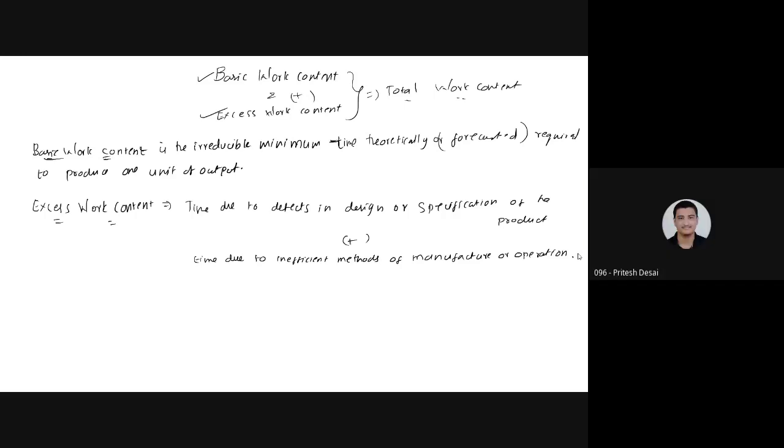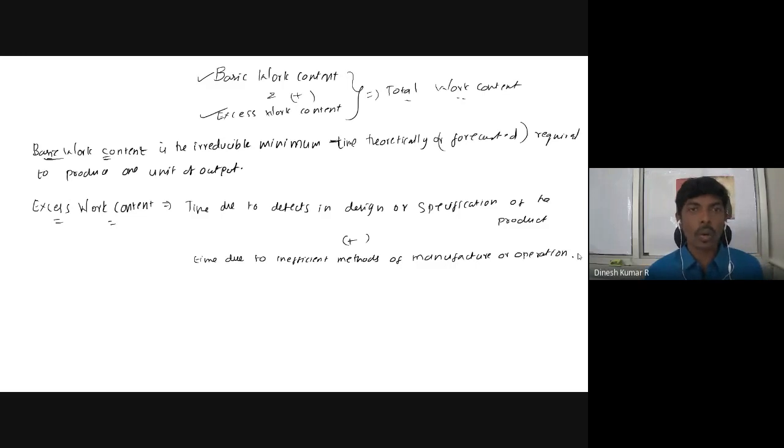Yes, sir. Cool. So now I think you are very clear with what is basic work content and excess work content in the context of product manufacturing. When you think about basic work content and excess work content, you are not considering your design part or the supply part.